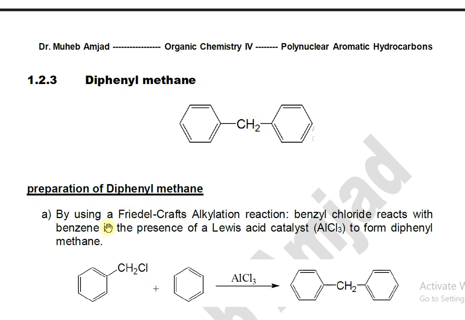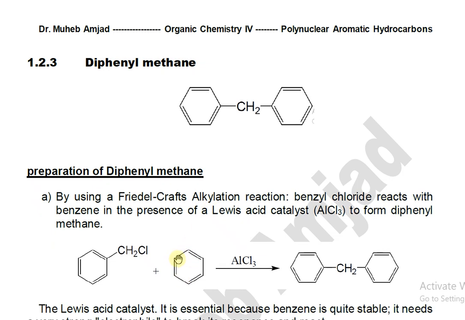by different reactions. The first reaction to prepare this type of compound uses the Friedel-Crafts alkylation reaction, a famous reaction in organic chemistry, the alkylation of the benzene compound. We took it before also. So the benzyl chloride, this is the benzyl chloride, reacts with the benzene, okay?